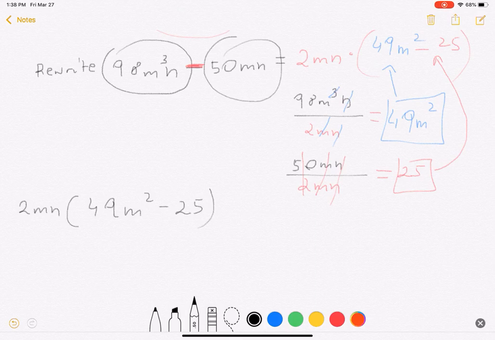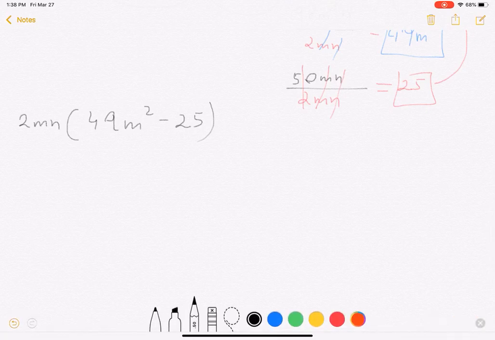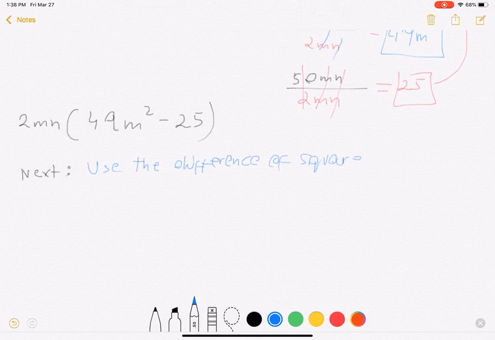So next, use the difference of squares. Rewrite 49m to the second power minus 25 as a plus b times a minus b.